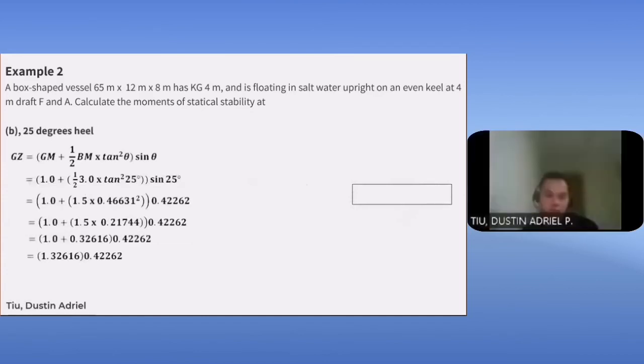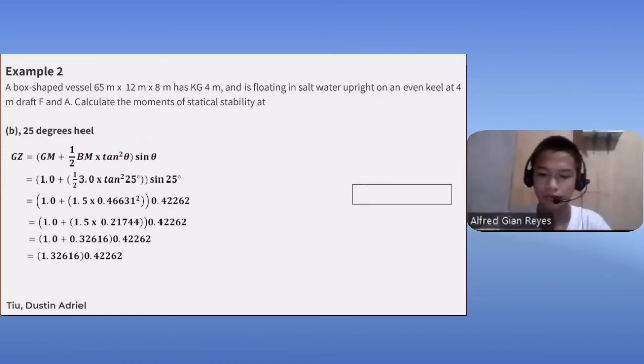That's right. So now in this example, it is required to have the moment of statical stability at 25 degrees heel. But before we can get the moments of statical stability, we should solve for the GZ. Since they have different degrees, then obviously GZ will be different. We should use the formula GZ is equal to open parenthesis GM plus 1/2 BM times tan squared theta close parenthesis sine theta.